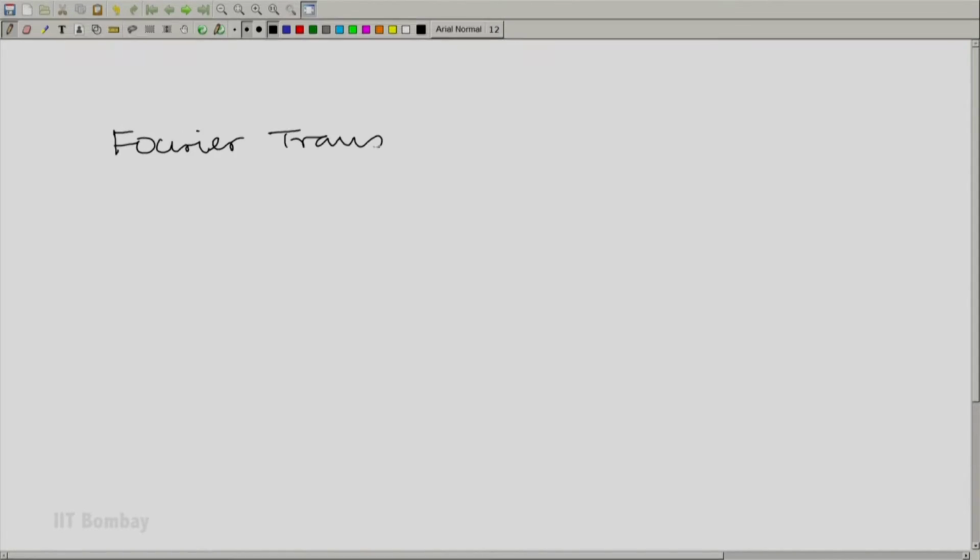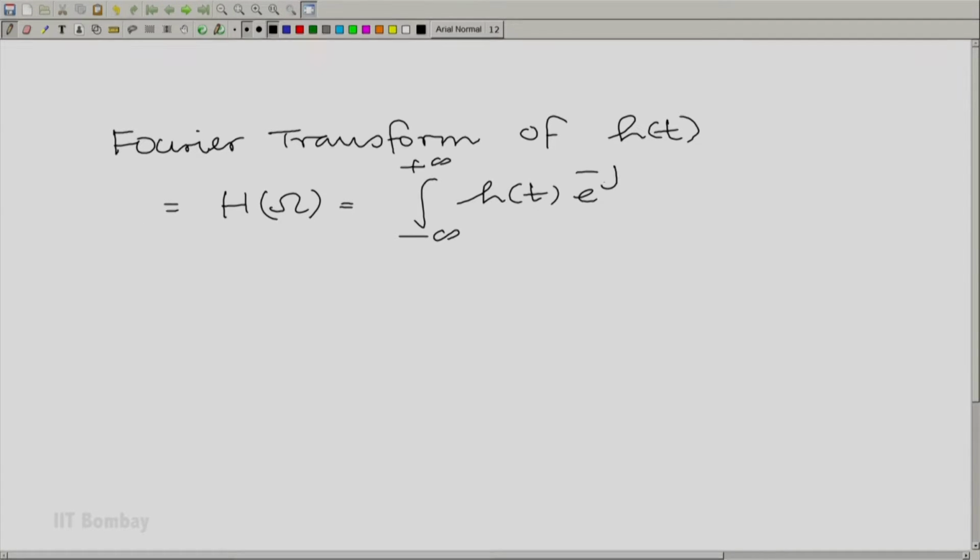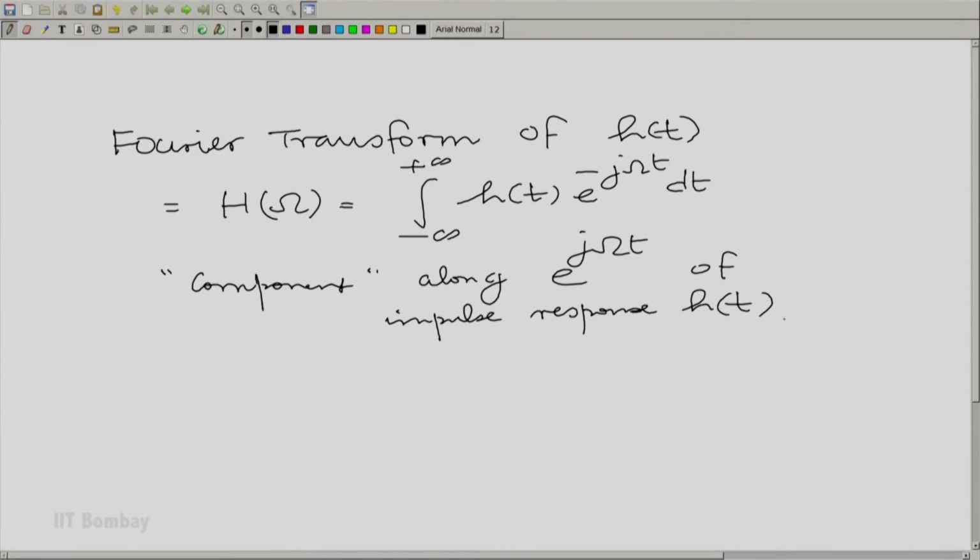So, we said the Fourier transform of the impulse response h(t) was described by capital H(omega), given by the integral from minus to plus infinity of h(t) e^(-j omega t) dt, and we thought of this as a component along e^(j omega t) of the impulse response h(t).